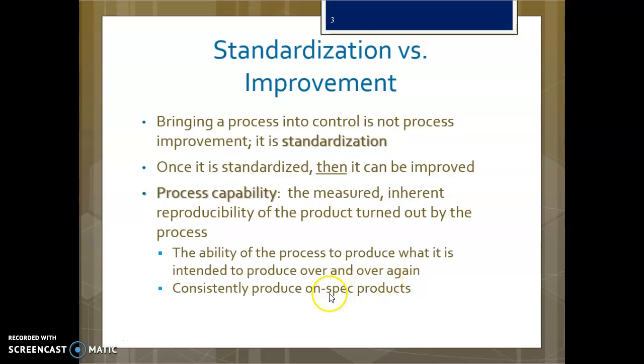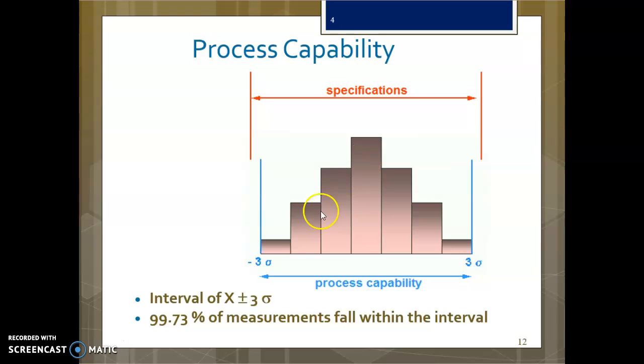So CP means whether or not a process can meet its product's specifications and how effectively it meets them. So if we look at this process capability here, we see this graph, and it's showing the intervals of plus and minus 3 sigma. So we've talked about what a sigma means, and the total of the plus and minus sigma is this 6 sigma, which you might have heard before.